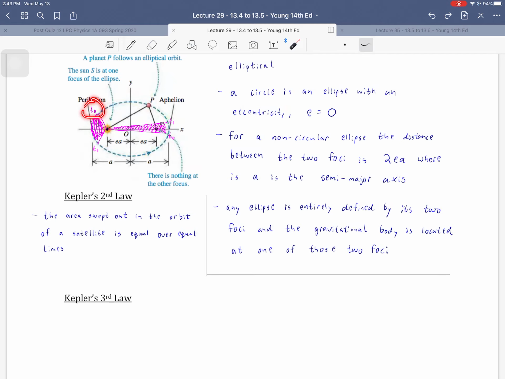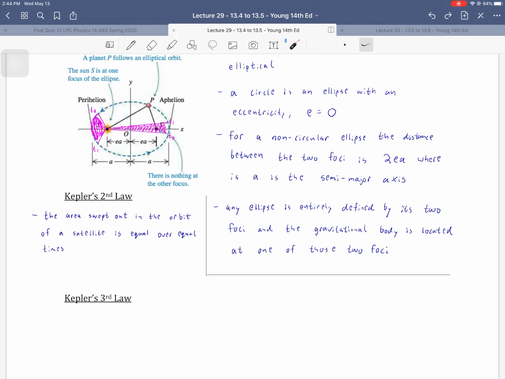So if we had a time T0 right there, and T1, with delta T being T1 minus T0, that elapsed time to go from this point to this point near the perihelion would be exactly the same amount of time to go from this T0 to this T1 near the aphelion. That's telling us that these two shaded areas are equal to each other, right?